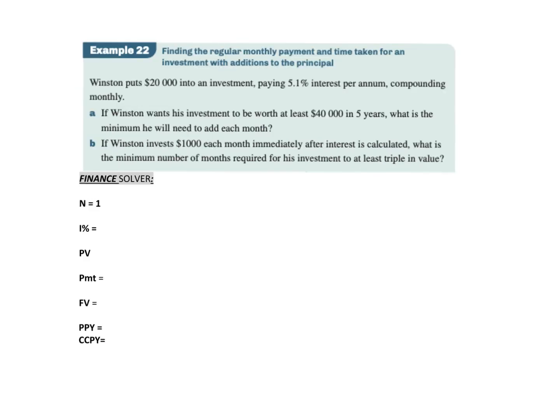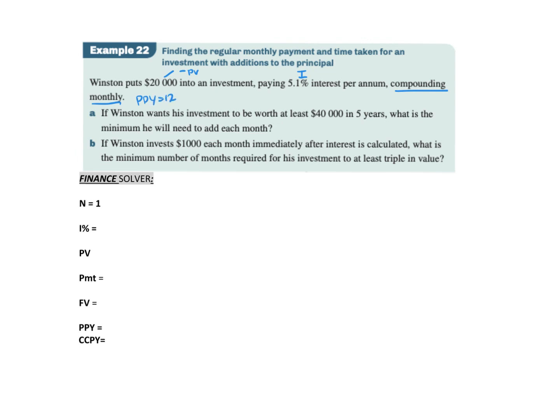Okay, this next question. Winston puts 20,000 into an investment. So that's negative PV, paying an interest rate of 5.1% per annum. So here's my I, and compounding monthly tells me PPY equals 12.